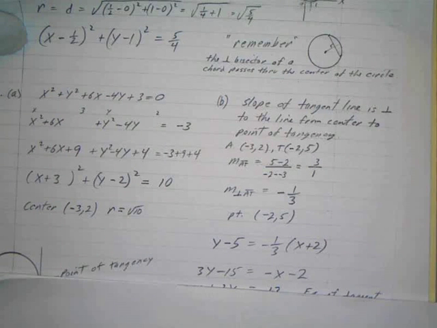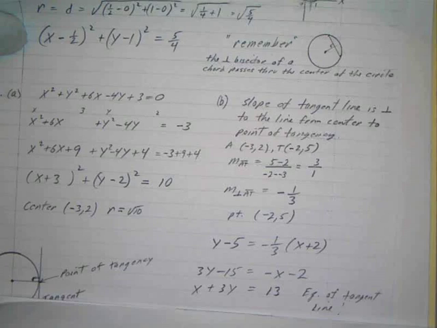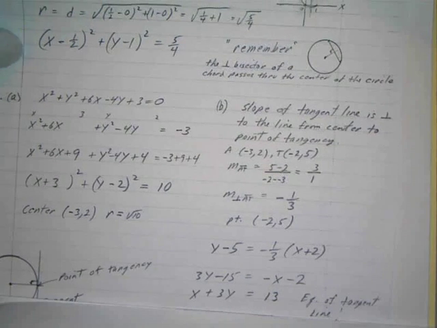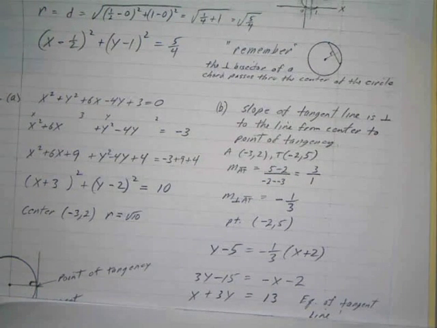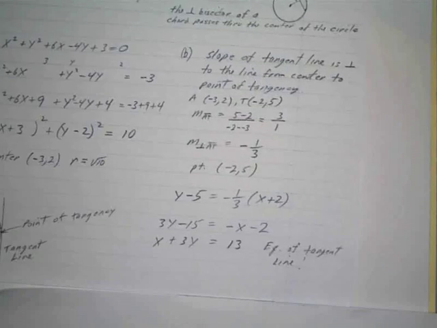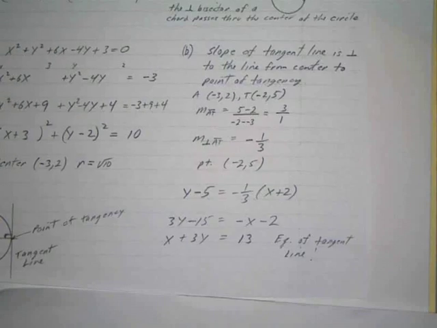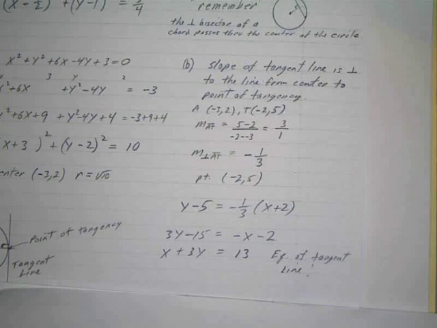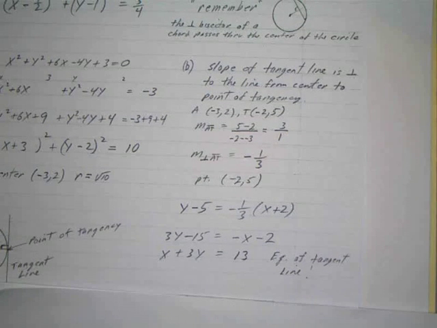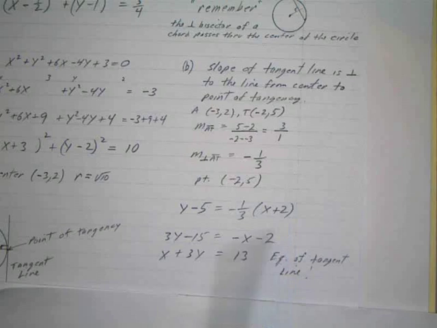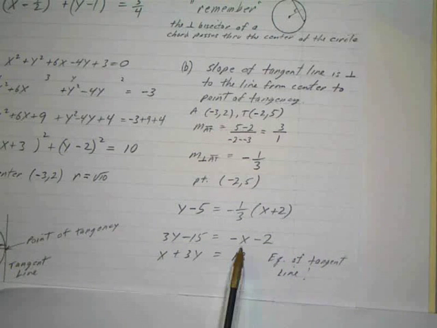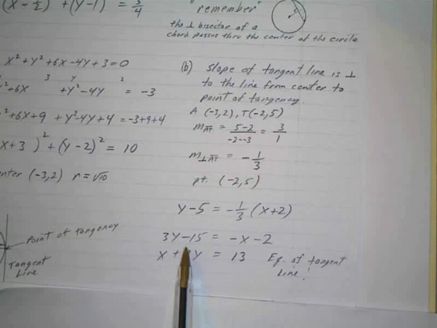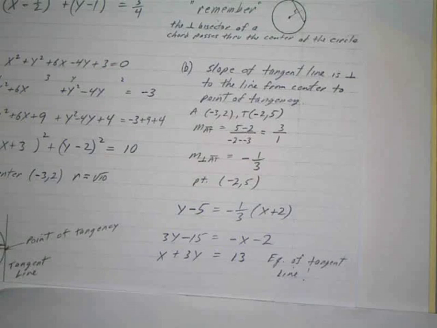I'll multiply it through by 3, put all my x's and y's on the left and the numbers on the right, and there's the equation of the tangent line. So again, multiply through by 3, add the x to the left, add 15 to the right, and there's your equation.